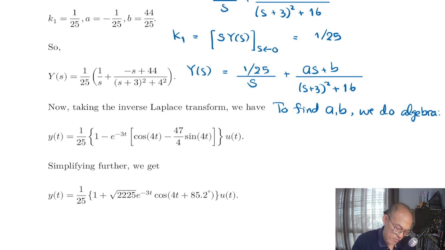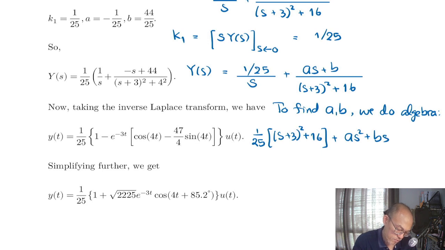So I'm going to combine these two together. When I combine them, I have 1 over 25 times (s plus 3) squared plus 16, plus As squared plus Bs.